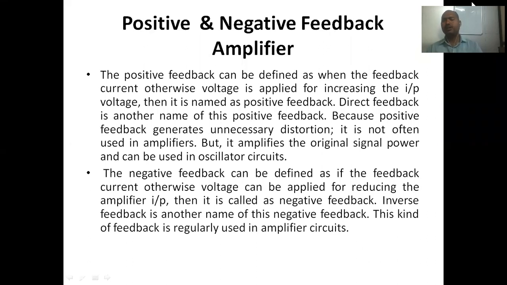When we apply the input to the amplifier, we get the output. If the phase shift between input and output is equal to 0 or 360 degree, both are the same term, then there is no phase shift between them. That's why that type of feedback is called the positive type of feedback, or it is also called direct feedback.